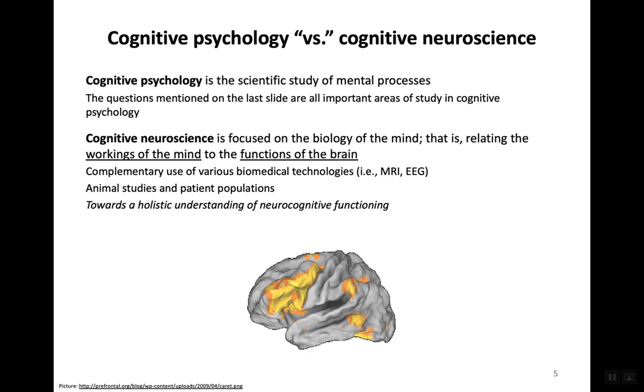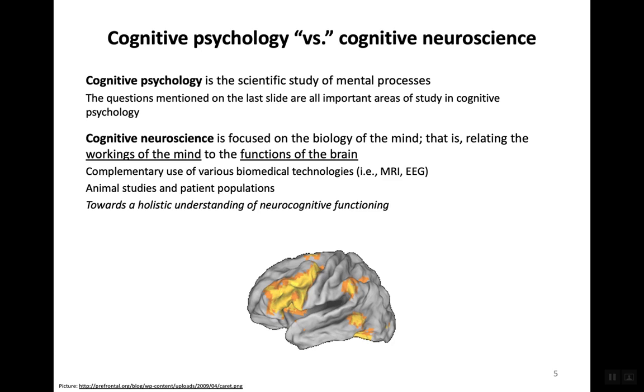So neuroimaging, which encompasses these techniques, is fundamental nowadays to the study of cognition. Just as much as past animal studies or the study of cognitive deficits in patient populations. Those are also important milestones in the development of cognitive neuroscience theories.